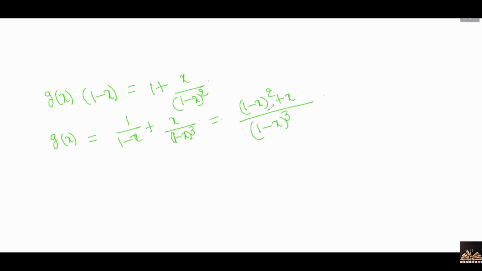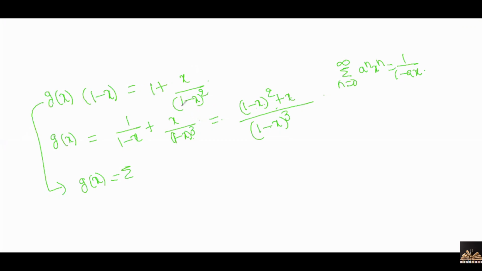Or else, from this you can write g of x is equal to summation of 1 by 1 minus x. What is 1 by 1 minus x? It is summation of n is equal to 0 to infinity a power n x power n is equal to 1 by 1 minus ax. So here it is in the form of 1 by 1 minus x.